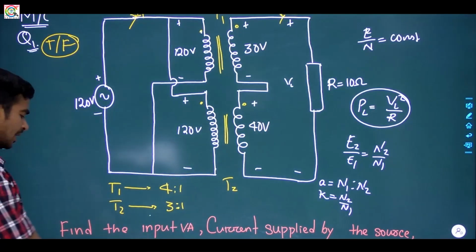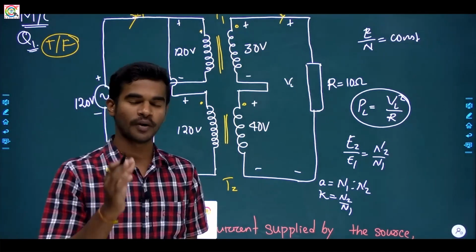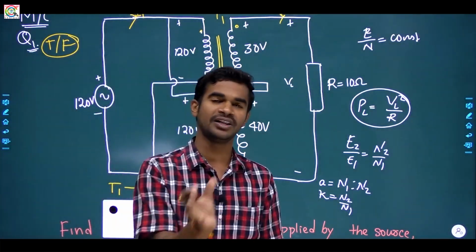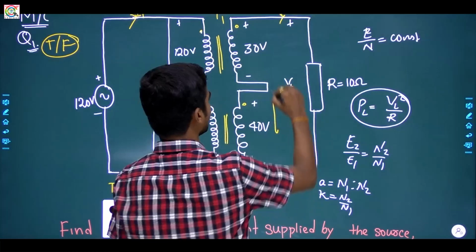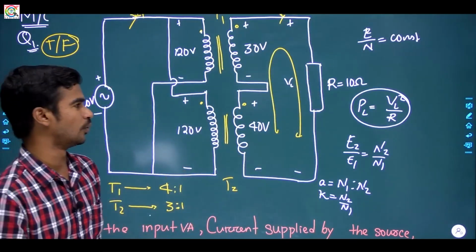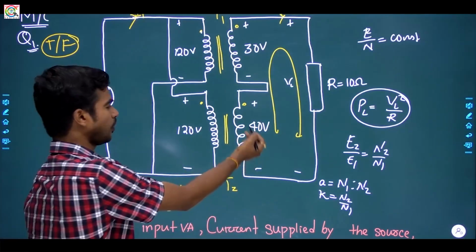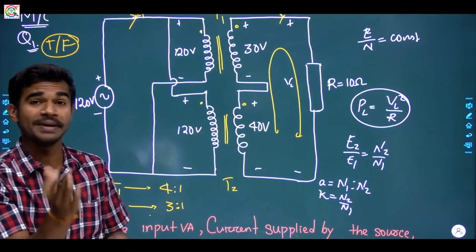Now tell me, what is the value of VL? So how to find the value of VL? Apply KVL in this loop. By applying KVL in this loop, 40 volt and 30 volt will be added up.